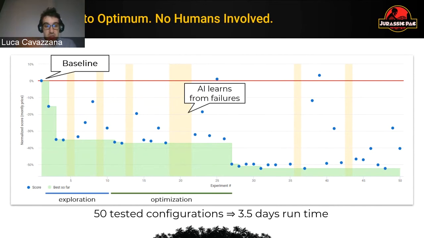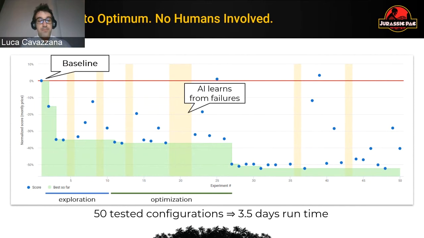We can see that initially we were able to get good results from the beginning. This was because the cluster was already over provisioned in the first place. That's something that we suspected from the beginning.